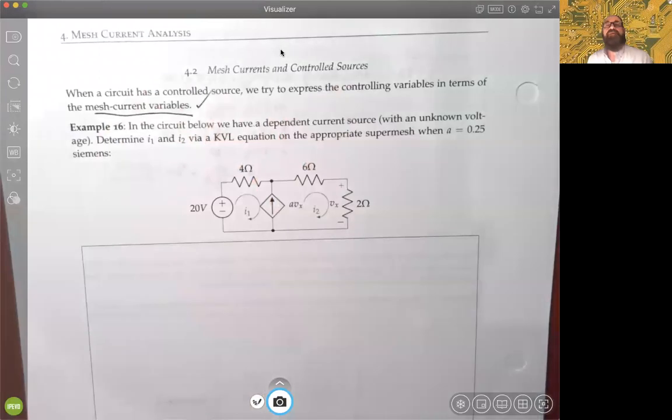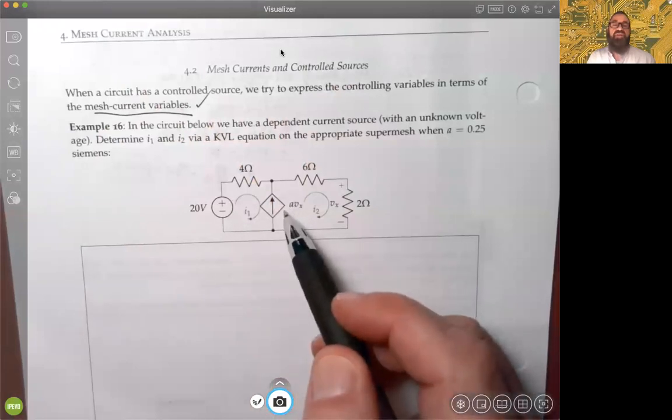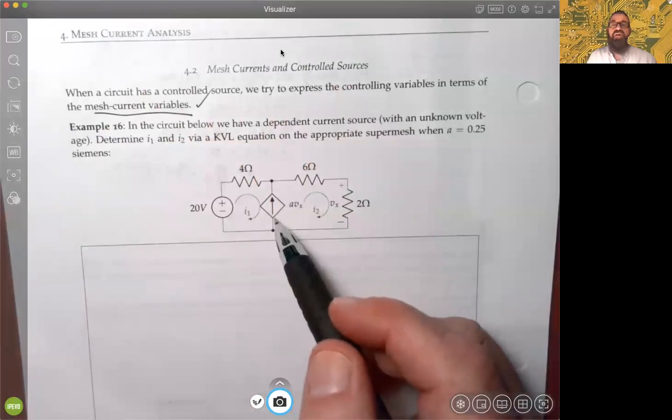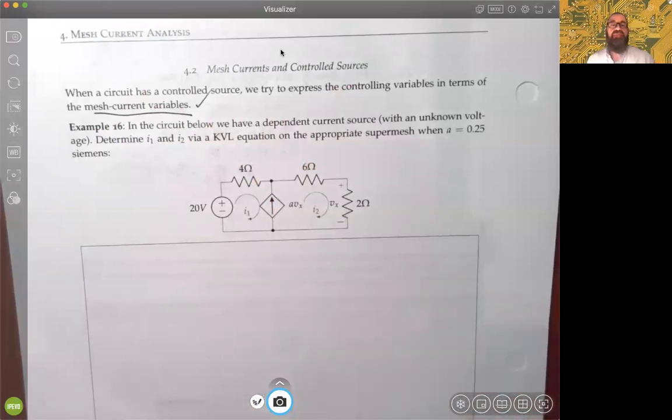That's your goal. Just like we did for the independent one a minute ago, getting the 5 amps represented as the difference between mesh currents 2 and 1, right? So in this circuit, you've got 2 mesh currents, and here is a dependent current source. It's depending on a voltage through the 2 ohm resistance over there, okay?